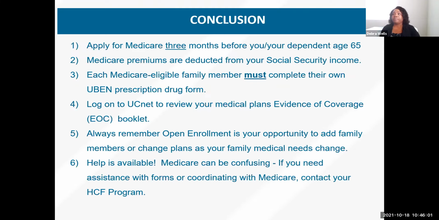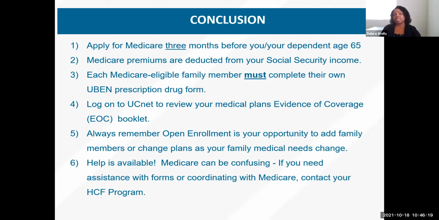In conclusion, just to recap, when you're aging into Medicare, make sure you start the process 3 months before you or your dependent turn 65. Medicare premiums are deducted from your Social Security check.